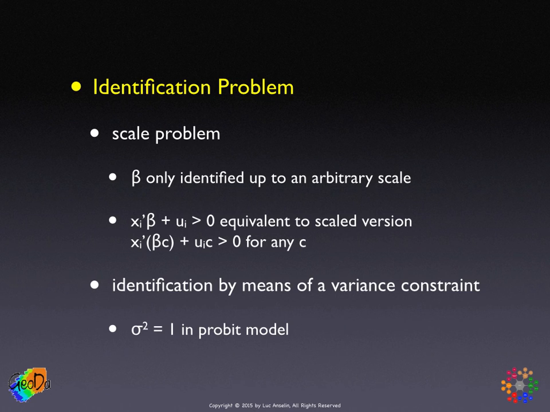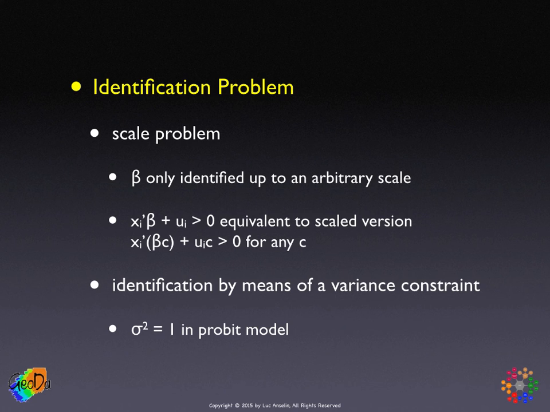why do we take 0? Because we have a scale issue. For example, we can multiply everything by C, and it's still the same condition. So that creates an identification problem, which is addressed in most of these types of models, and specifically in the Probit model, by arbitrarily setting the variance of the error term to 1.